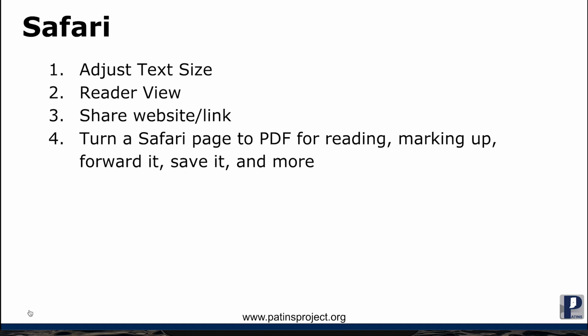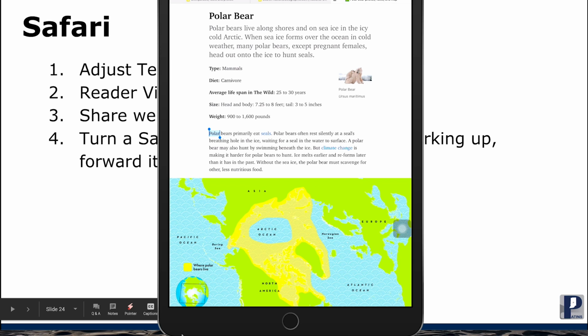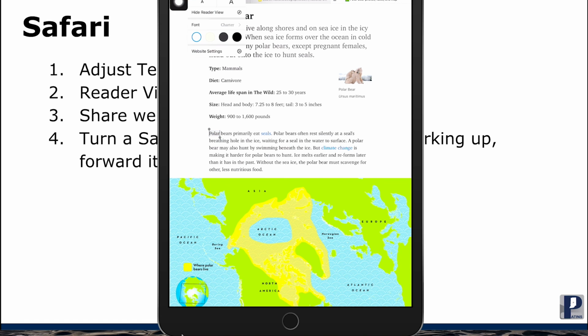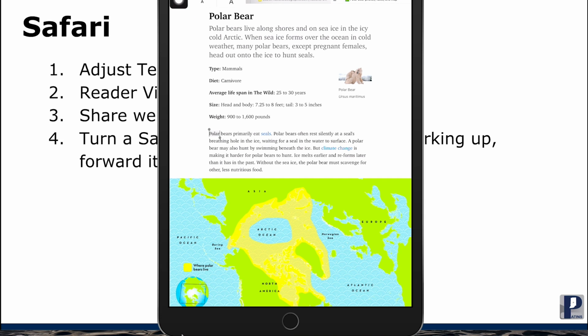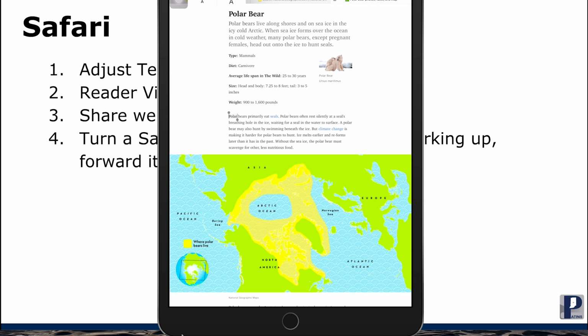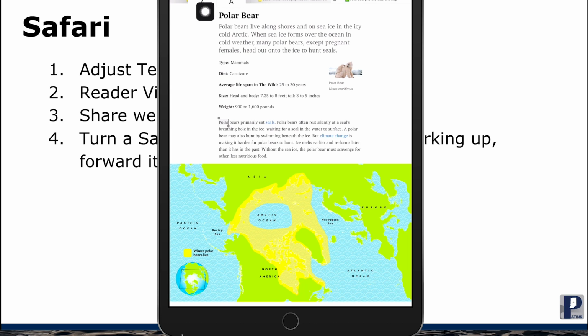Safari, within that Safari app, which we'll run back to real quickly, you can adjust the text size, which we saw up in this choice right here. I can make the text size larger or smaller. So that is right there available. You can choose that reader view, which is what we have on right now.